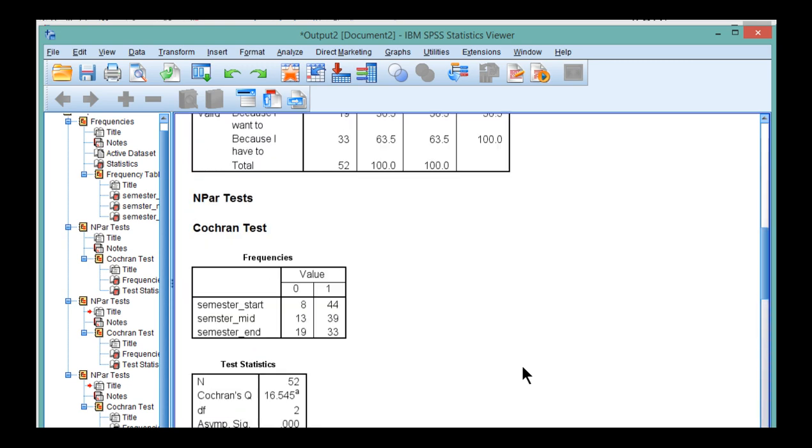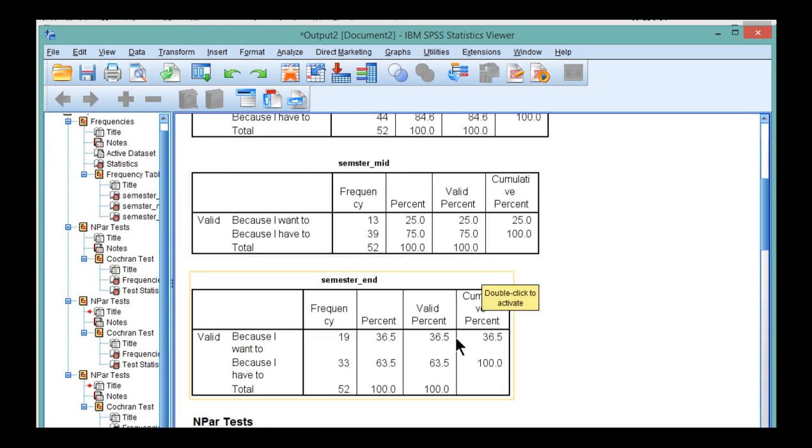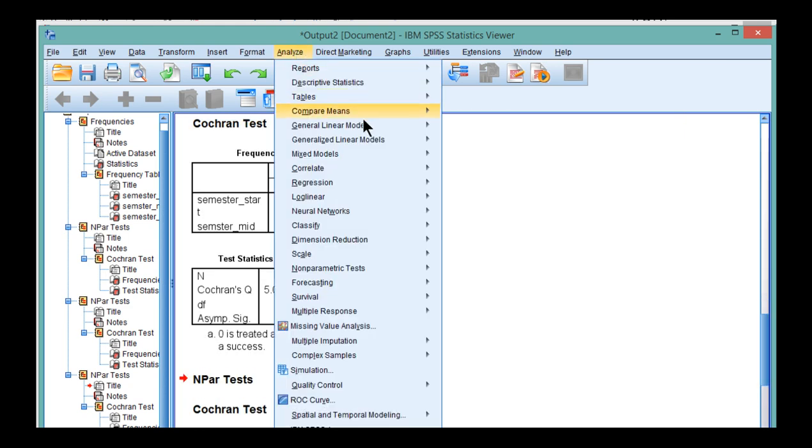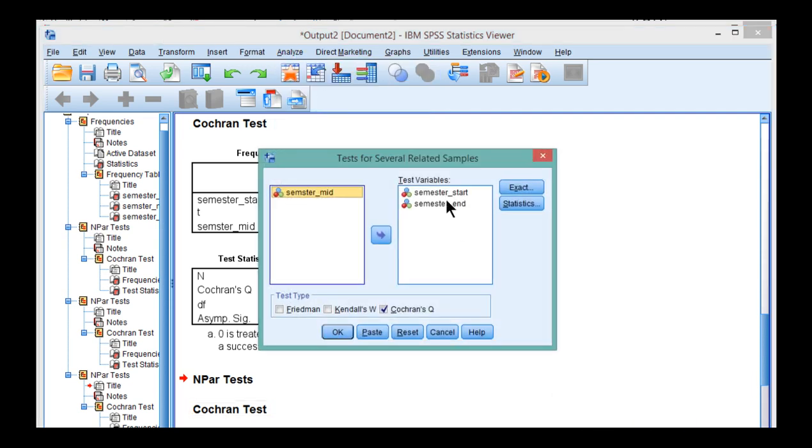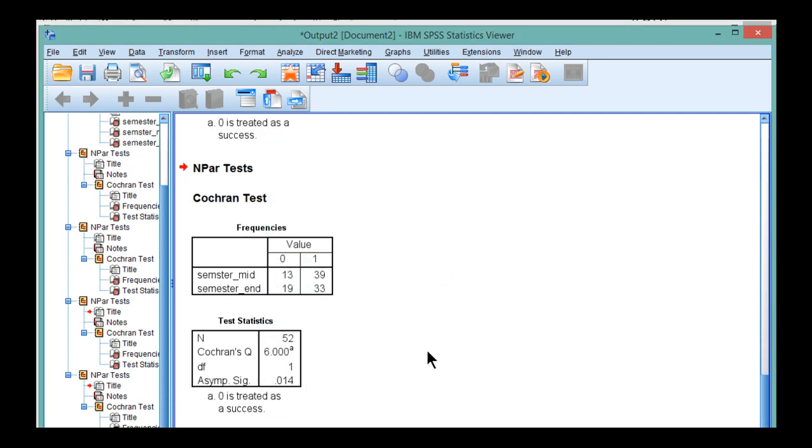So the last one, comparing mid-semester, 25% versus 36.5%, it's the last comparison. Let's look at that one. Analyze, nonparametric tests, legacy dialogs, K related samples, and mid-semester, end of semester, and click OK. And here we have a Cochran's Q of 6, and again a p-value less than 0.05.